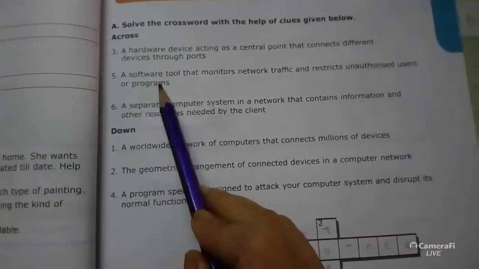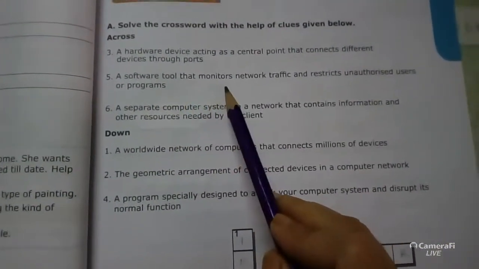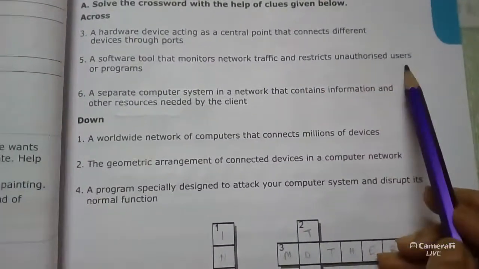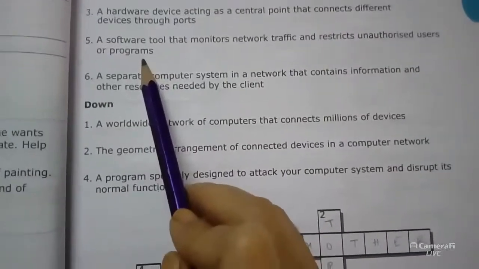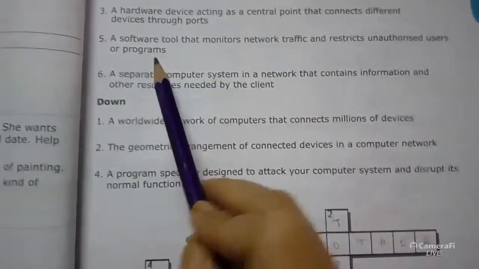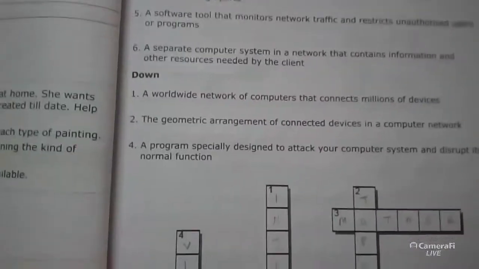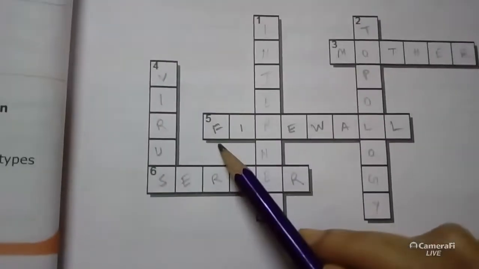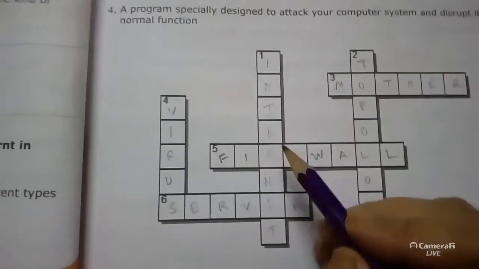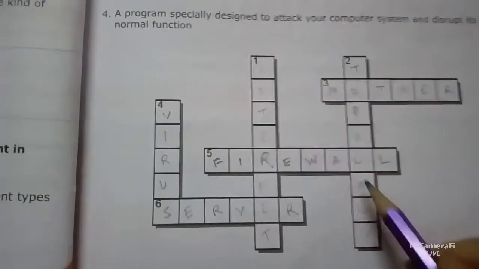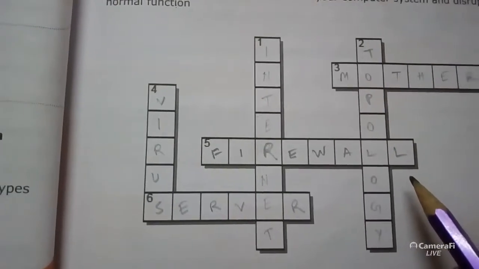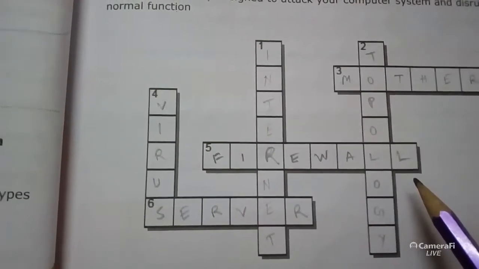Number 5, a software tool that monitors network traffic and restricts unauthorized users or programs. Where is number 5? This one. This is firewall. FIREWALL.